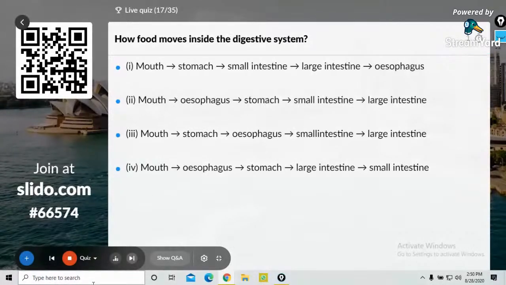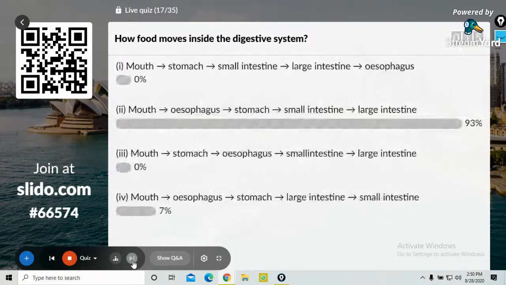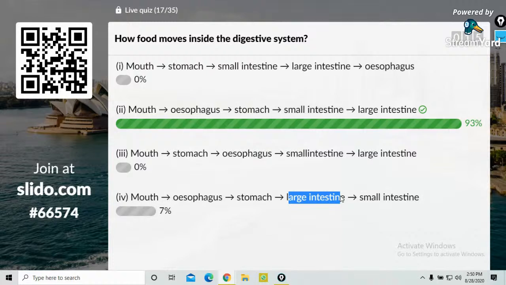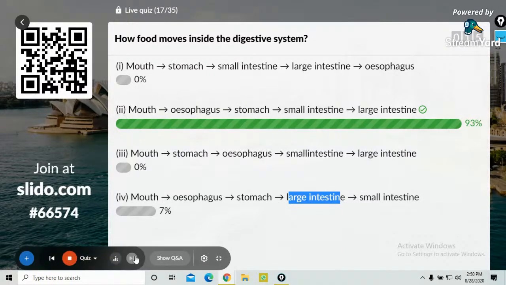Let's have the majority answer and the correct answer on the screen. Yes, guys, option B is the correct answer. Guys, after the small intestine comes the large intestine.